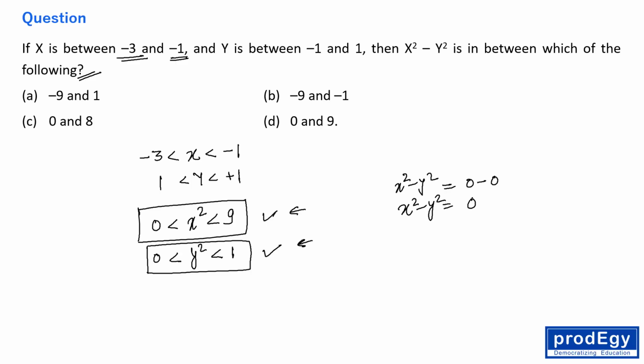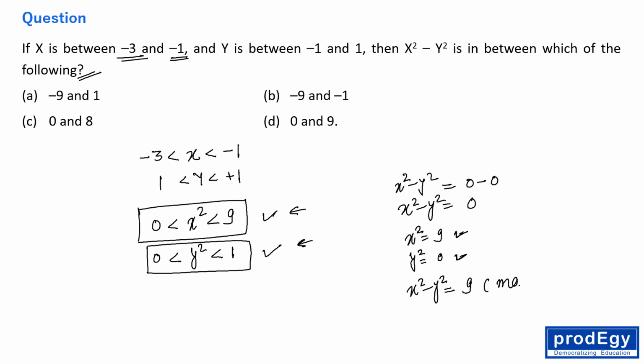Now let's talk about the maximum value of this. Maximum value will be when x square is maximum, 9, and y square is minimum, 0, right? From the maximum of x square, if we subtract the minimum of y square, then we'll get the maximum value of x square minus y square, which will be 9.